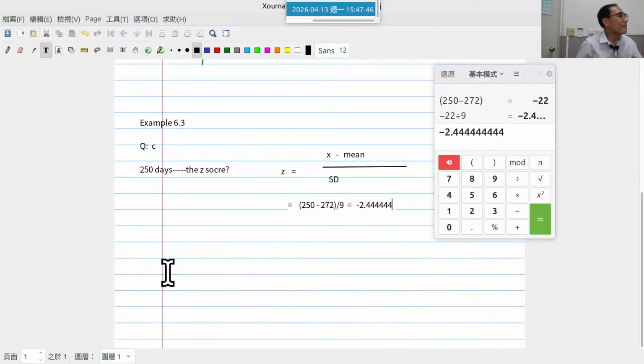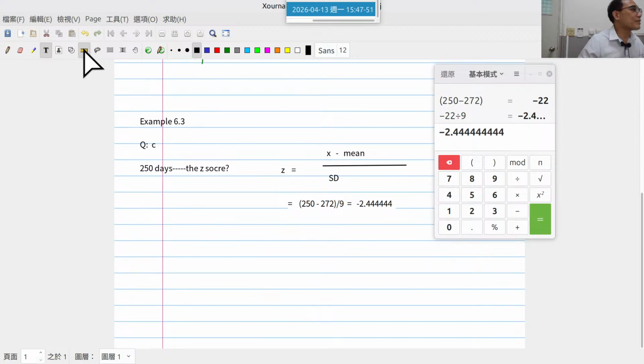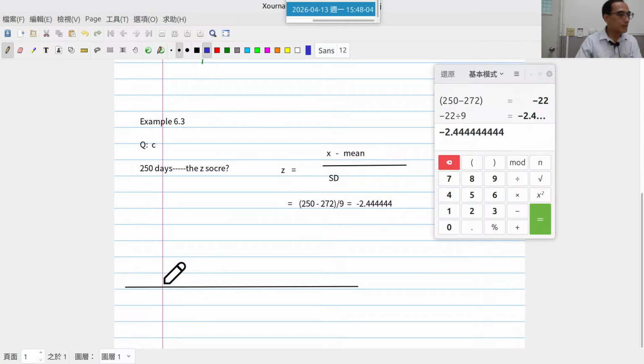Okay, and next, check the table. Again, we can imagine the diagram looks like this. Okay, let me start my horrible hand drawing again.